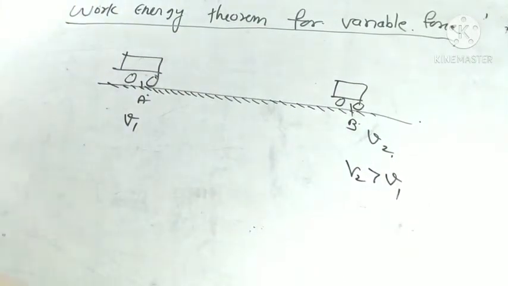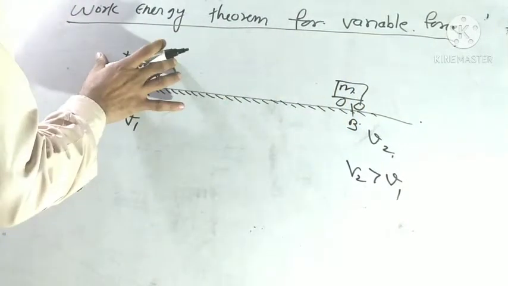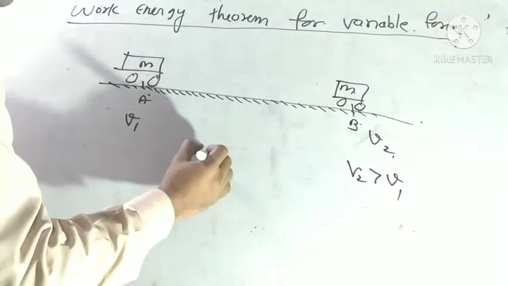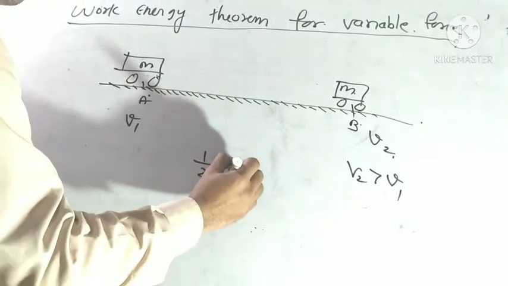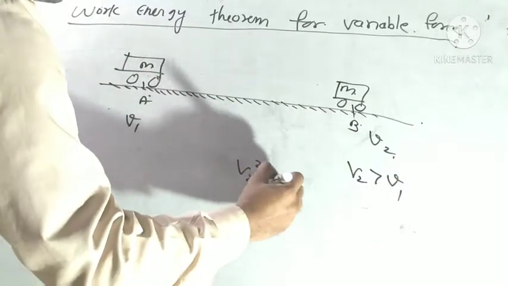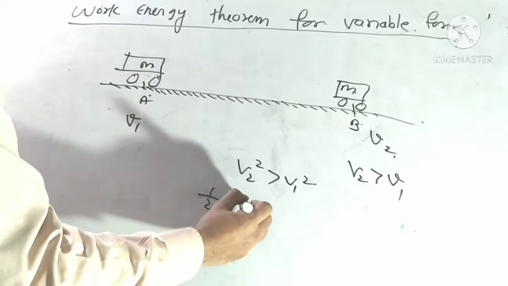The body has mass m, and the mass of the body remains constant. Firstly, we square both these quantities, v2 square and v1 square, and we multiply half m on both sides.